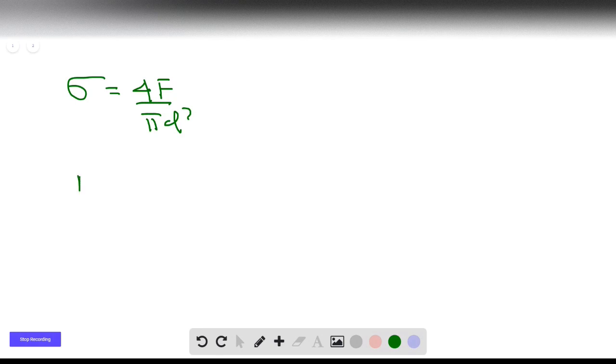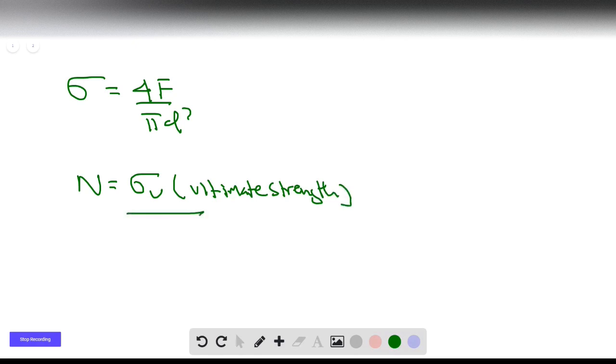Well, it's going to help us because the safety factor N is equivalent to the ultimate strength of the cable, all over the stress of the cable.